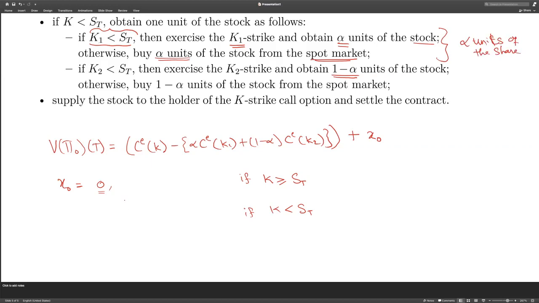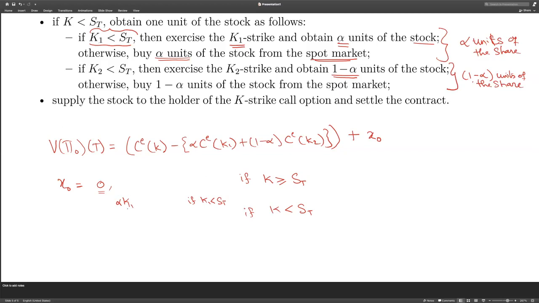So you will spend K1 and accumulate alpha times the stock. Therefore, alpha K1 you will be spending if K1 is less than ST. And the same idea you will follow for K2 also, and by that you will be accumulating 1 minus alpha units of the share. So you add together, you will get 1 unit, and that you can supply to your K strike call option holder. So that is the idea.